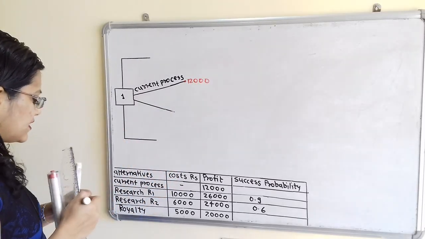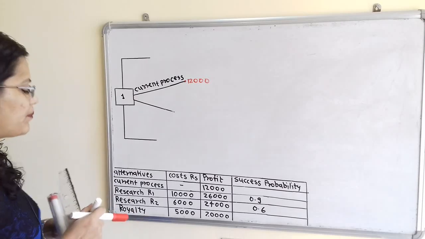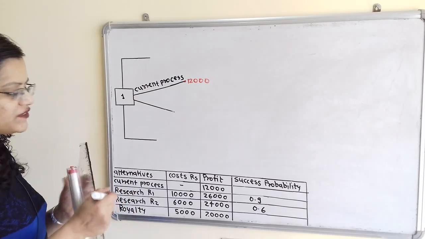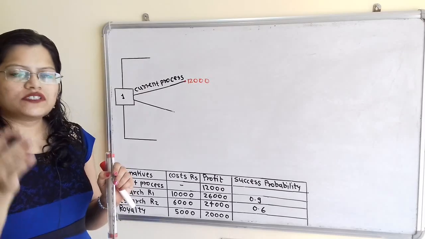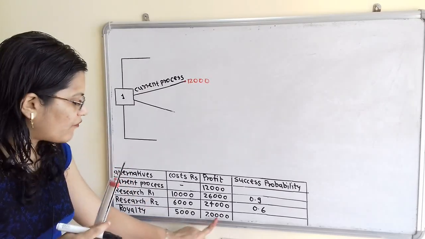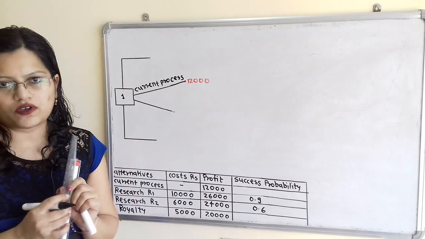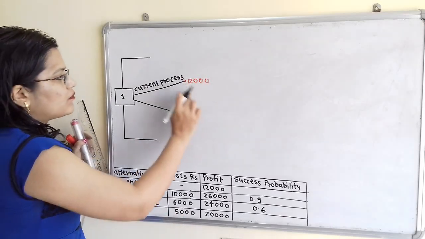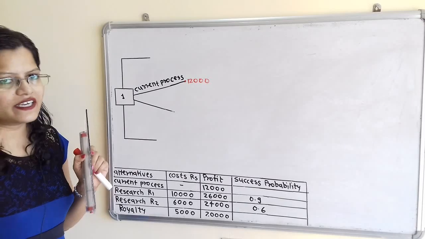Then next is pay for royalty, which will cost 5,000. This cost we will write with a minus sign, because from profit we have to subtract this cost, and this outcome we have to write here as a net profit.